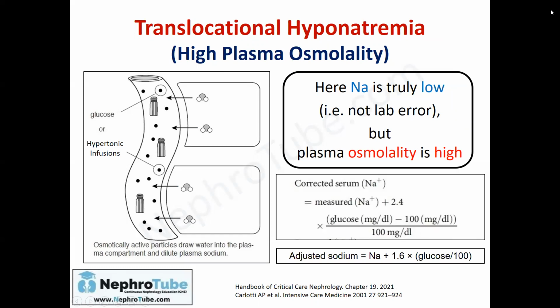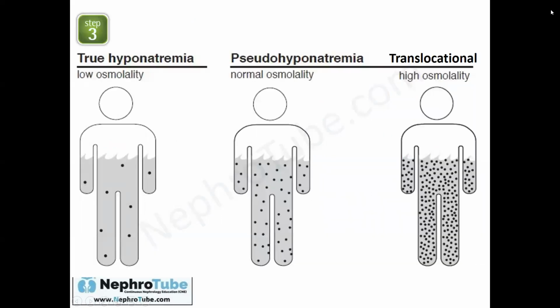And the management here is to treat the cause, for example, treatment of hyperglycemia. So now we know that we have true hyponatremia, which is hyponatremia with low osmolality, the one that we treat specifically. And we have two types, pseudohyponatremia and translocational hyponatremia, that we have to exclude and treat the cause.